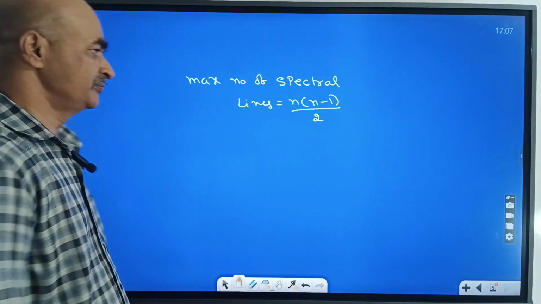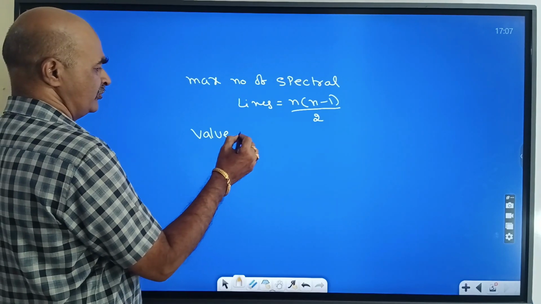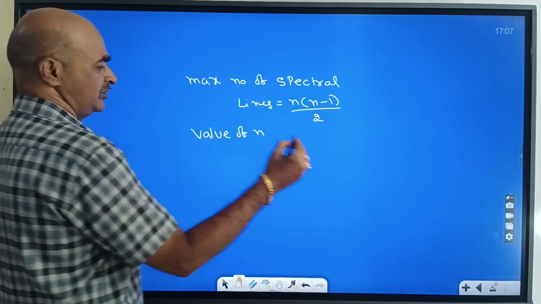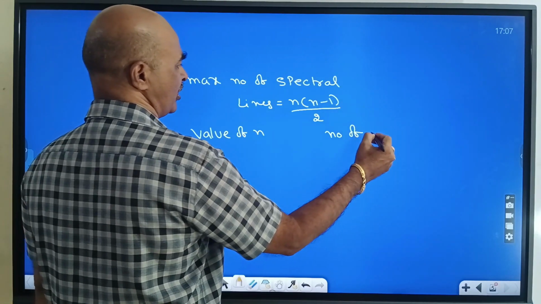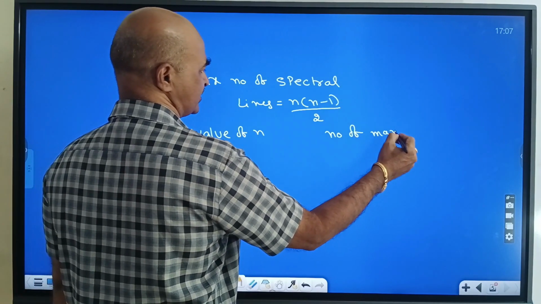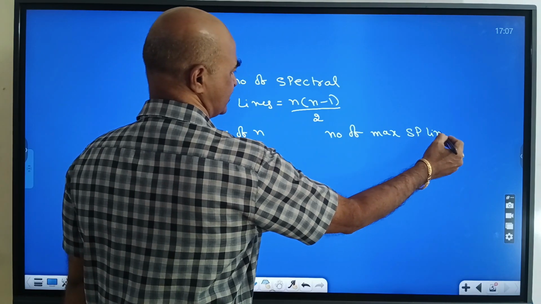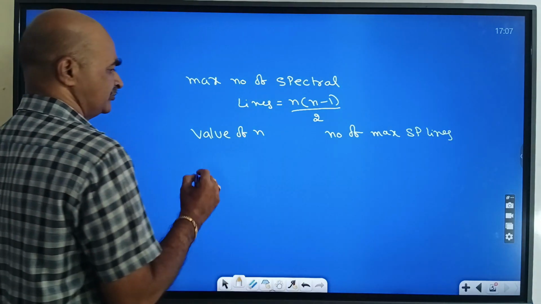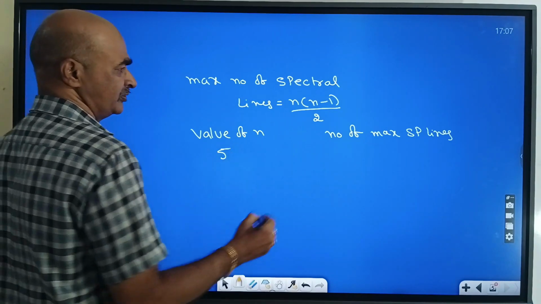For example, for given values of n, let us find the maximum number of spectral lines. First, n is equal to 5.